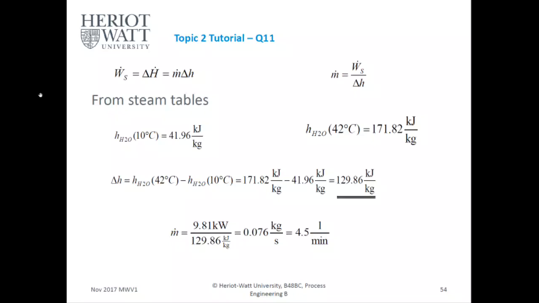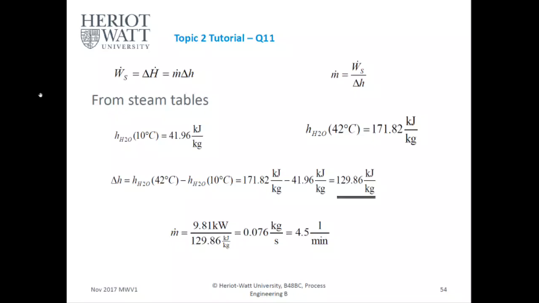From the steam tables you can find the enthalpy of water at 10 degrees, 41.96 kilojoules per kilogram. Enthalpy of water at 42 degrees equals 171.82 kilojoules per kilogram, and the total enthalpy change equals 171.82 minus 41.96, which equals 129.86 kilojoules per kilogram.